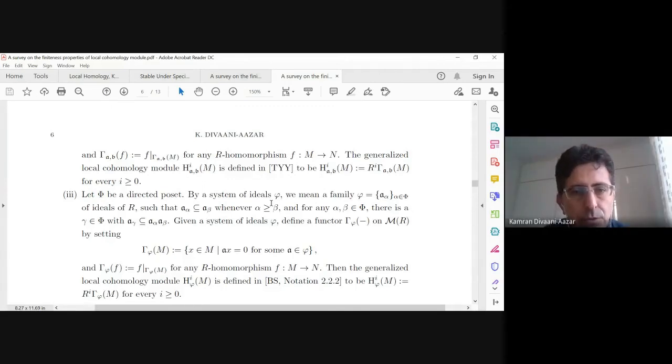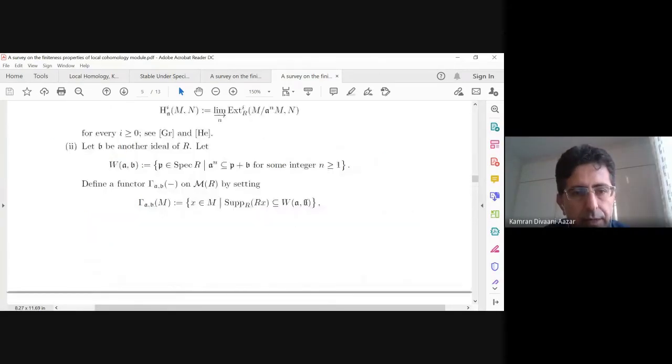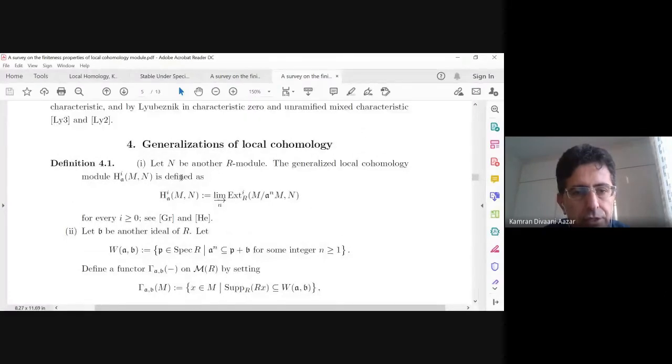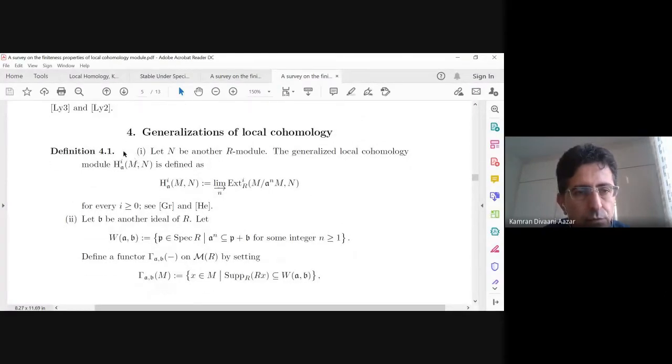And maybe here is good to review that for any of these generalizations. For the first generalization, if we take M to be R, then we recover the ordinary local cohomology.